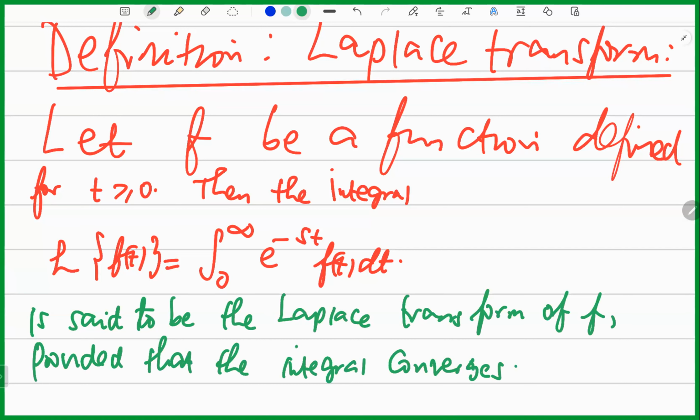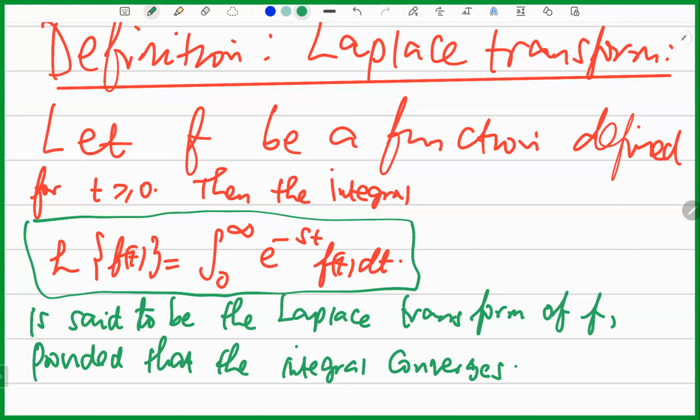Okay, so this is what the Laplace transform is. If a function is defined where t is greater or equal to 0, the Laplace transform is the integral of e to the minus st times f of t dt, evaluated from 0 to infinity.